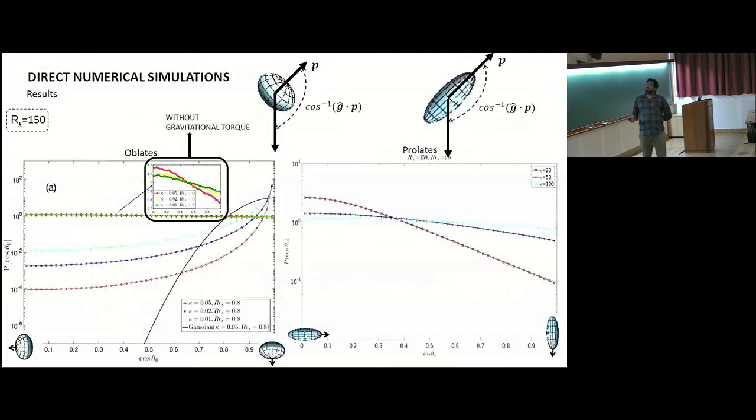I first present the most basic result, the orientation distribution of the ice crystals in their dilute suspension. For the oblate spheroids, we can see that the orientation distribution peaks at cos theta equal to 1, meaning the orientation where the axis of symmetry of the spheroid is along gravity.